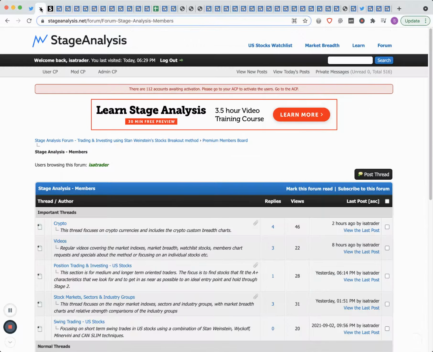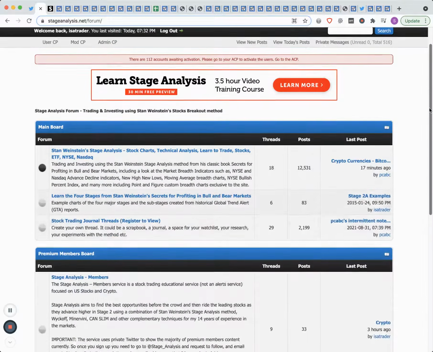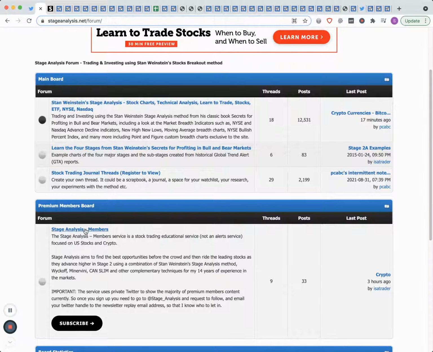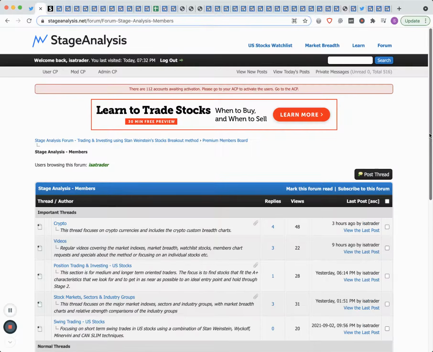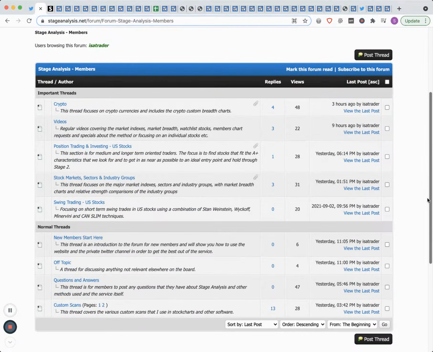Another way of doing this is that we've also got the stage analysis forum. We have a free section, and we also have a members section. The members section is something I've only added this weekend, but this is a chance for me to do more detailed posting here, so I can break up what I post in the Twitter feed into much more detailed areas.